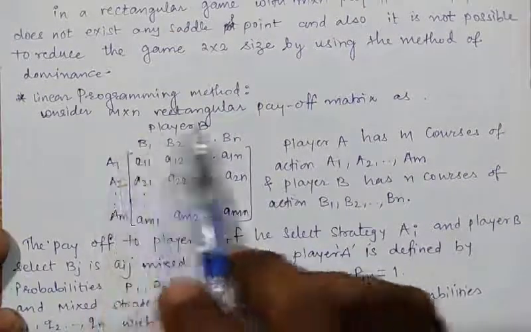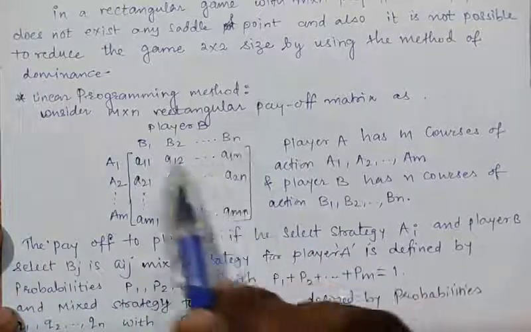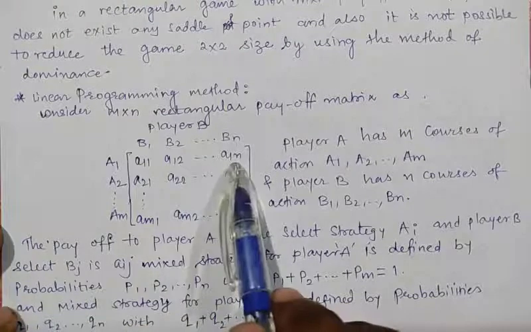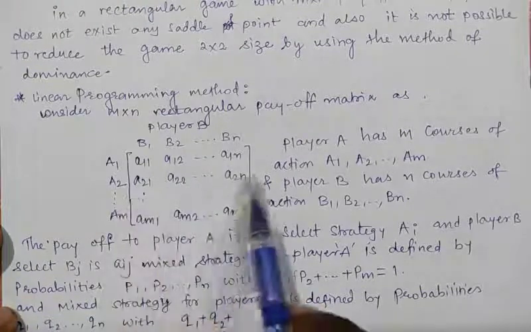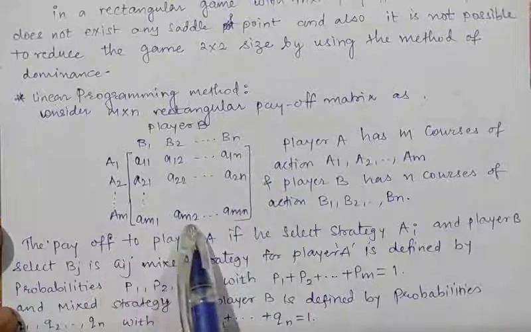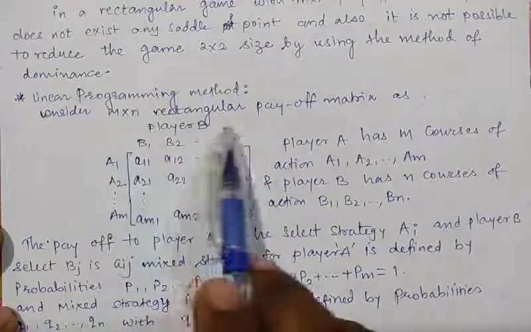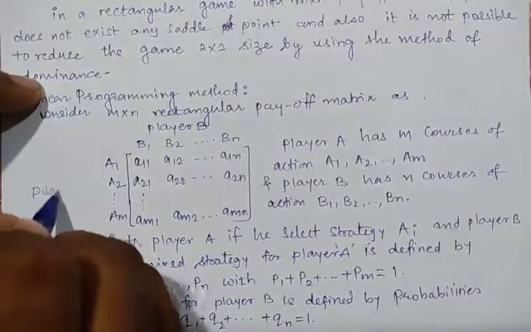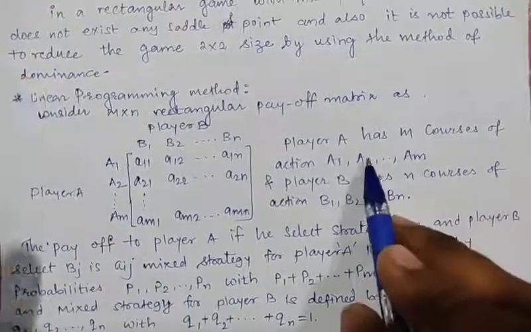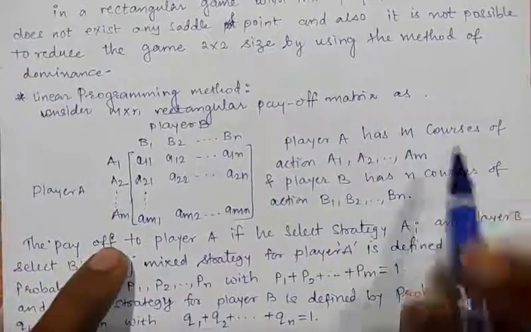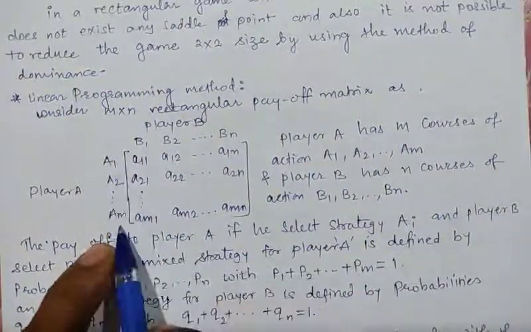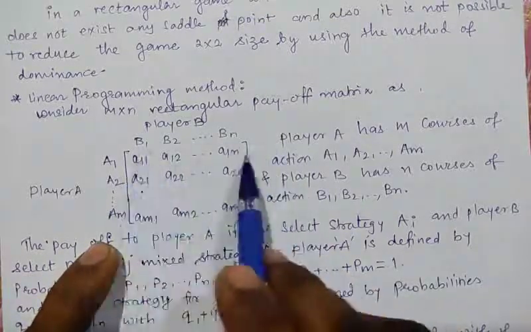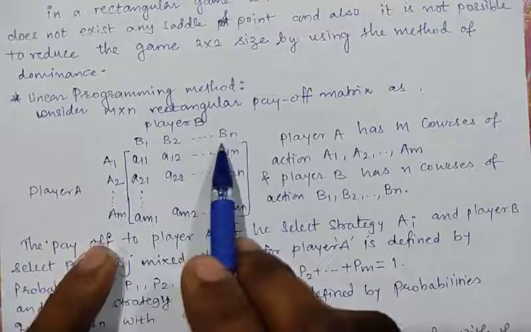Now consider the m by n rectangular payoff matrix, so this is the payoff matrix having m by n entries: a11, a12, up to a1n, and so on, a21, a22, up to a2n, and last am1, am2, up to amn. These are the strategies for player B and these are the strategies for player A. Here player A has m courses of action, A1, A2, up to Am, and player B has n courses of action, B1, B2, up to Bn.